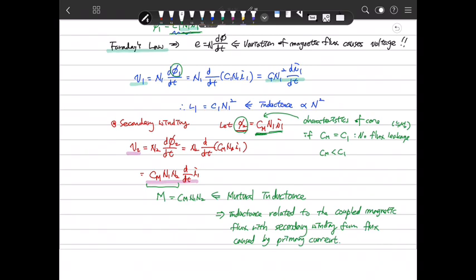This is the mutual inductance. If there is no leakage, then the mutual inductance is the same as the self-inductance.